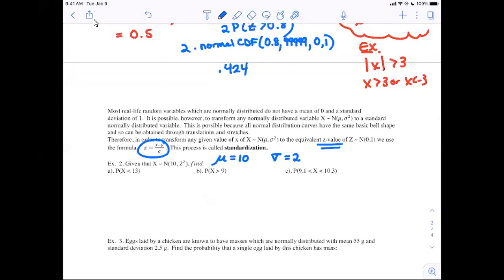So if I want to find the probability of x is less than 13, I can standardize this so that it will have a standard normal with the mean 0 and the standard deviation 1. So watch, I can take z, the x value is 13. So this is 1.5.